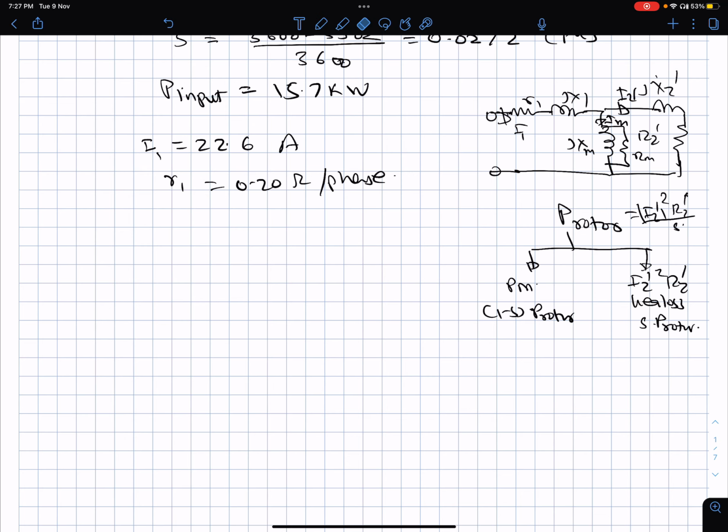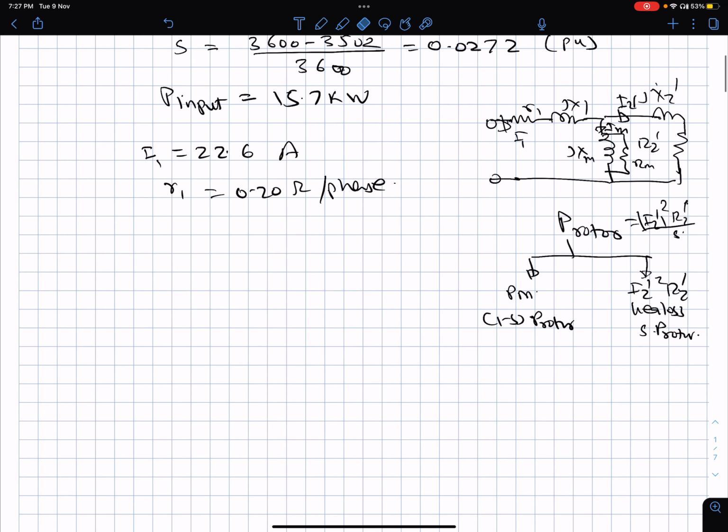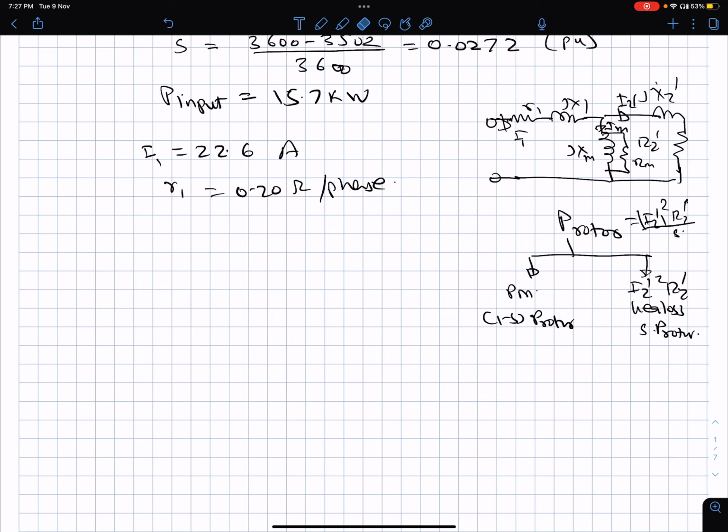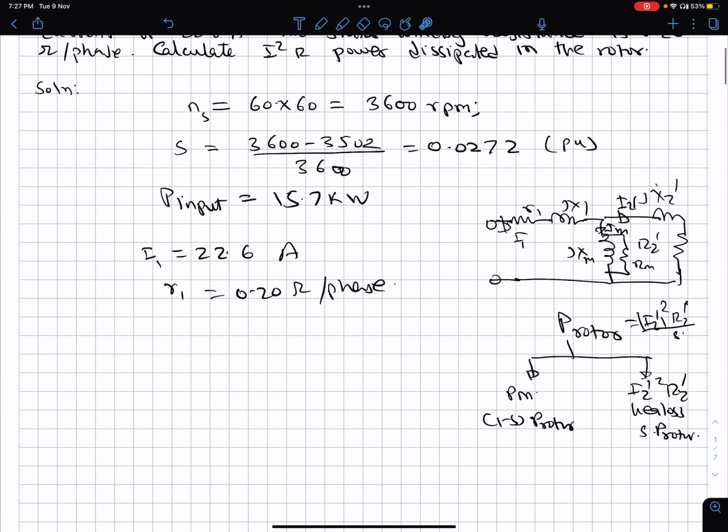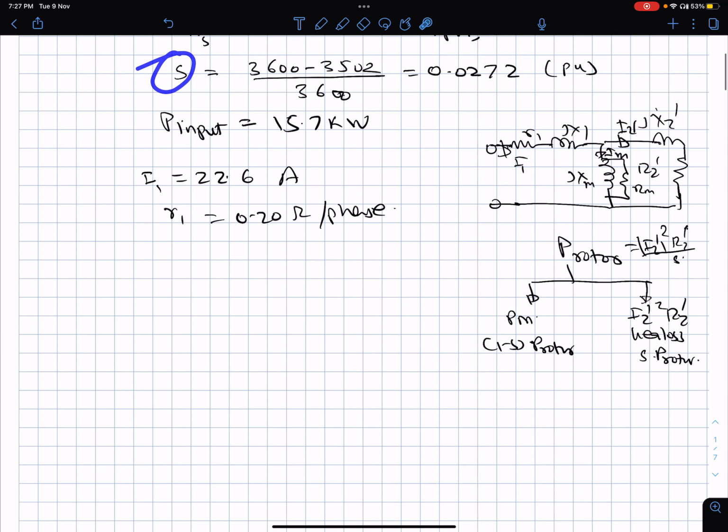So first of all, since we have to calculate this, we know the slip is already known to us. What we need to calculate is this P rotor.